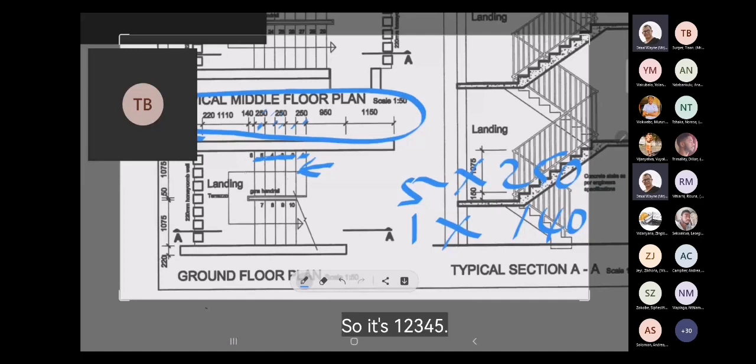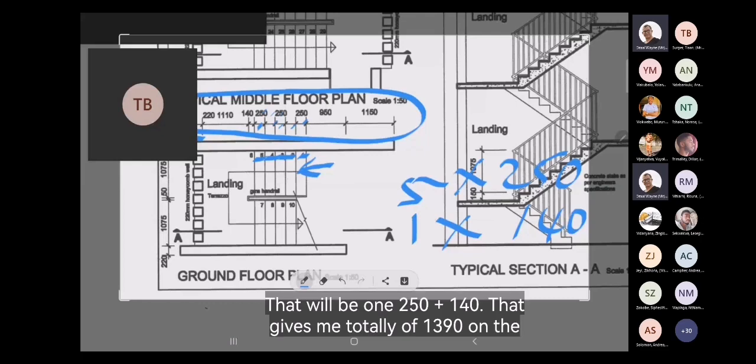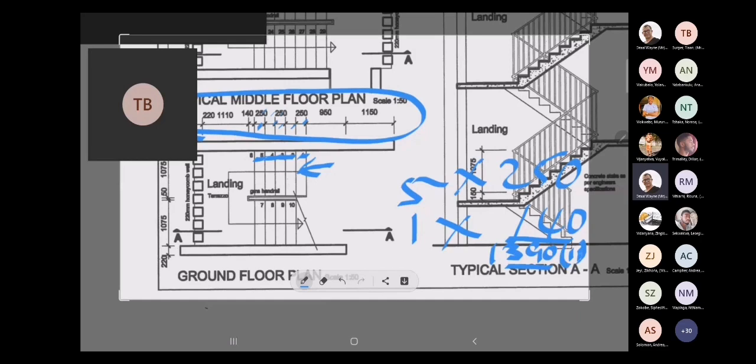So it's 1, 2, 3, 4, 5. That'll be 250 plus 140. That gives me a total there of 1390 on my horizontal. You agree with me?